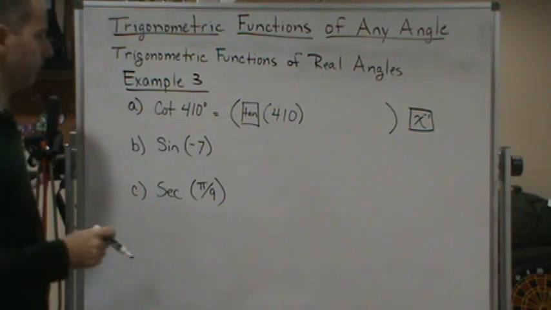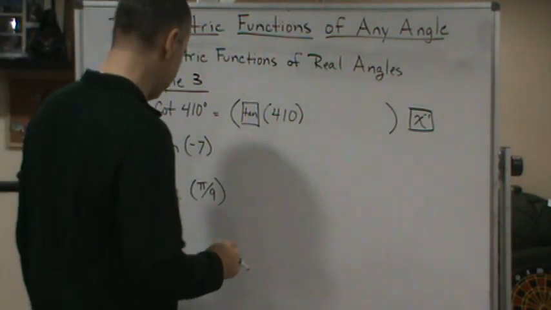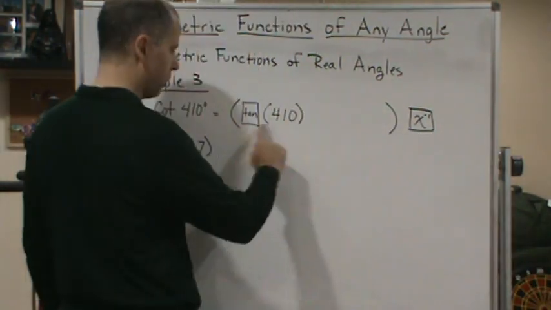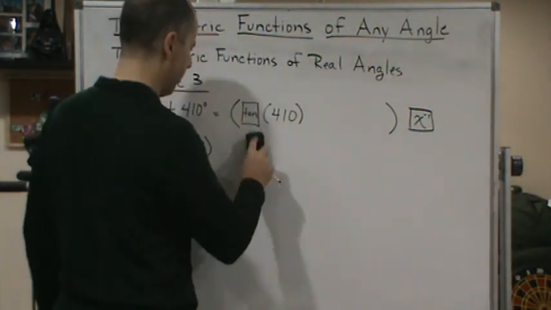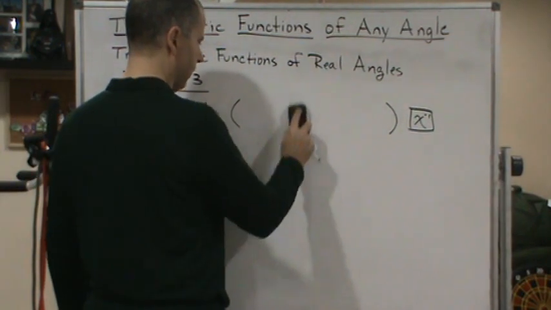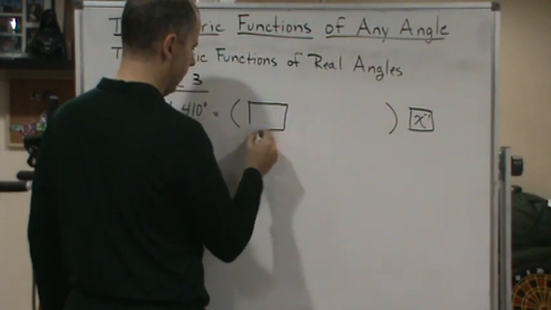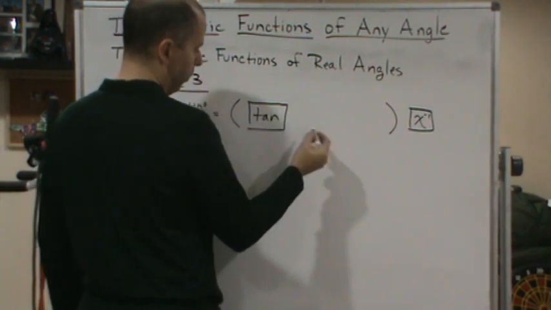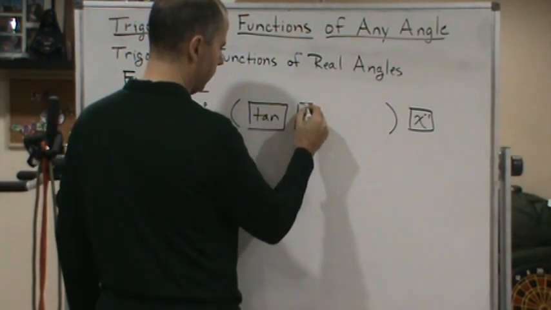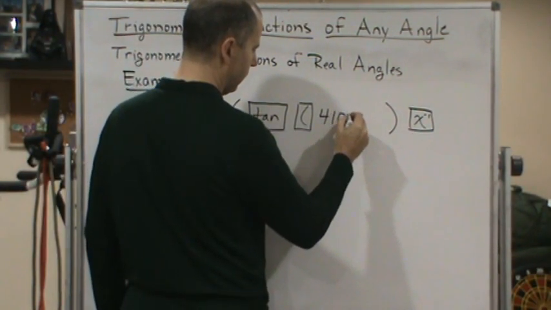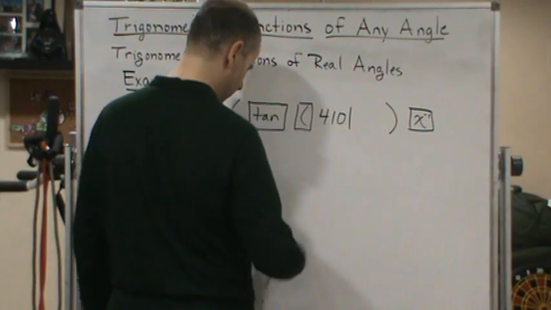This whole thing is in parentheses, so let me make this a little bigger to give myself more room. Then you have your parenthesis key, and then you put in your 410, and then you have your end parenthesis key.